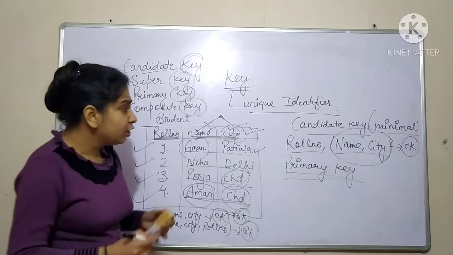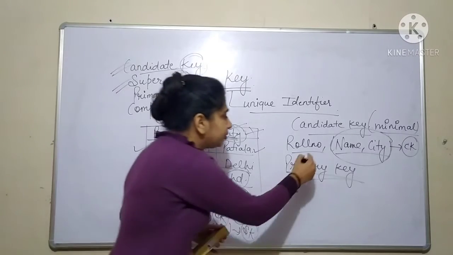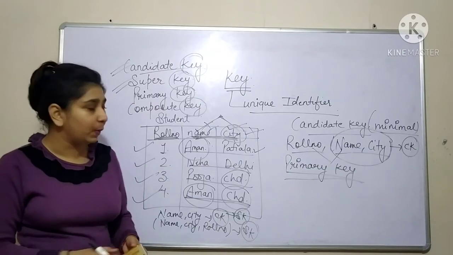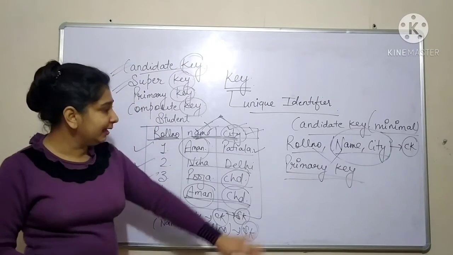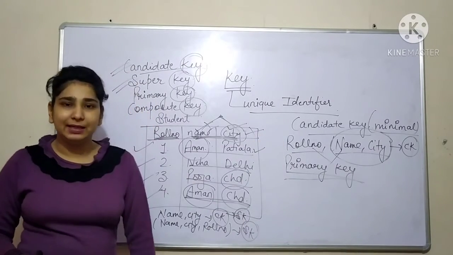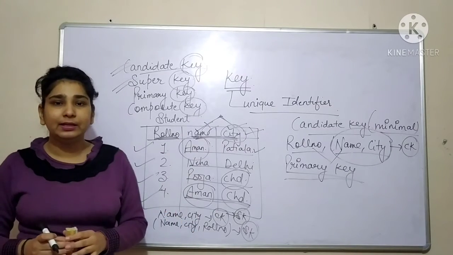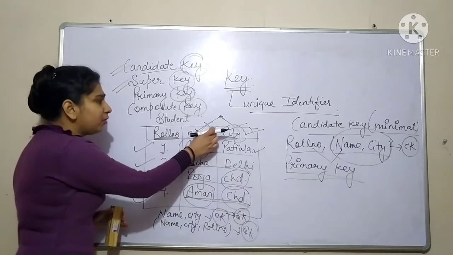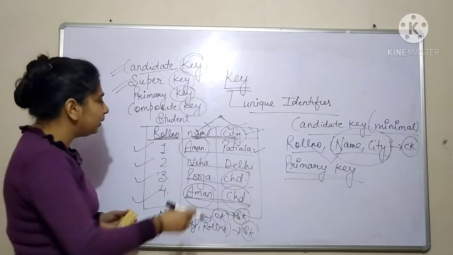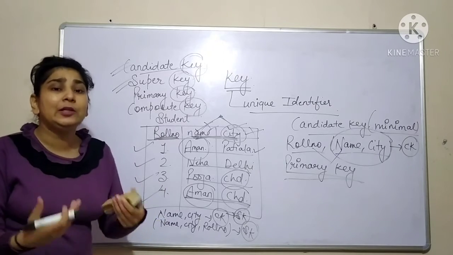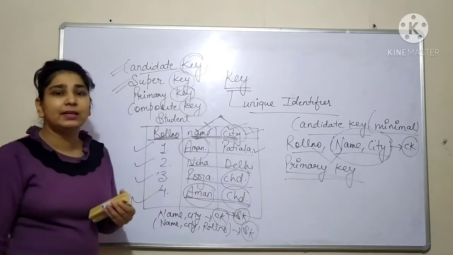Primary key is choosing one key out of the many candidate keys, which we will actually be using in our table. Many candidate keys are possible in the table, but in actual we will not be using all the candidate keys.